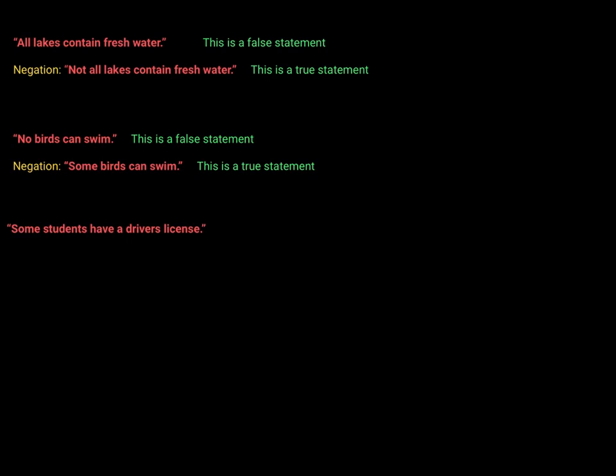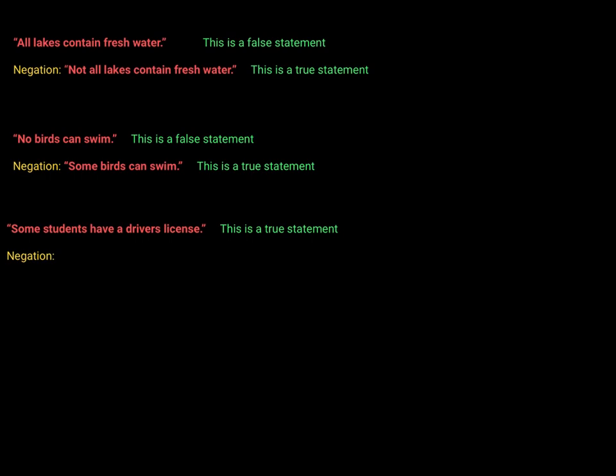All right, let's look at some statements that involve the quantifier some. Remember, this is called a quantifier, some. So, some students have a driver's license. Okay, this statement is true. So therefore, its negation must be a false statement. So what would be the negation of this statement?